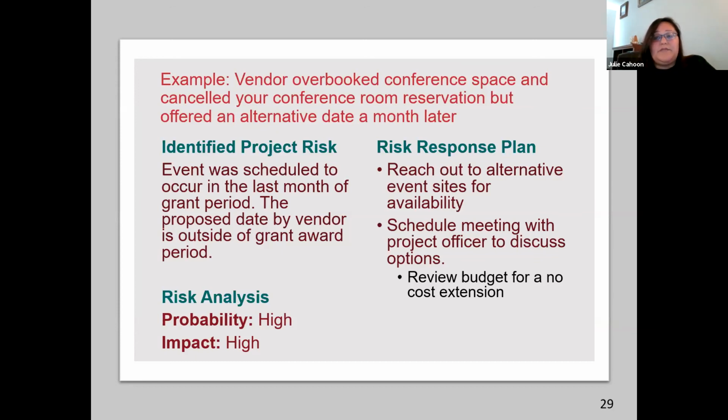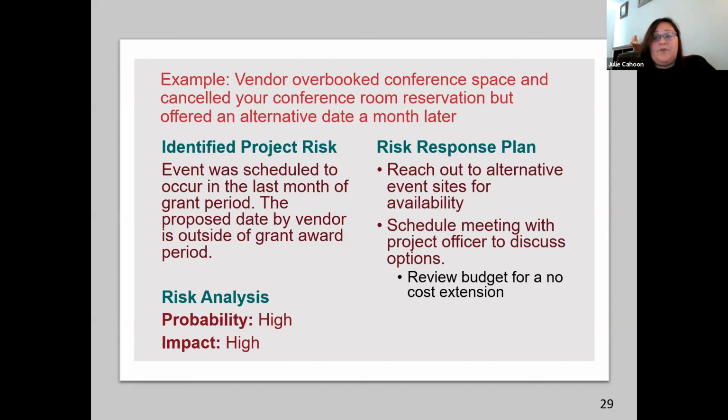That includes reaching out to potentially find an alternative event site. Maybe there are other vendors in the area that you might be able to switch your venue to. Another is to schedule a meeting with your project officer to discuss options. Another alternative might be to extend your grant award period by a month or two, and this would lead to a no-cost extension.